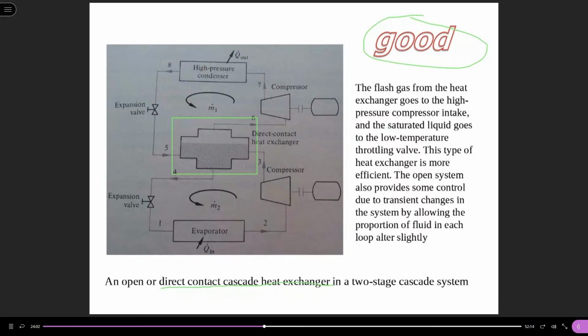So for the two-stage Cascade system, I think the direct contact Cascade heat exchanger is preferred. So therefore, for each cycle, the refrigerants have to be the same. The same refrigerants, and here there is a direct contact.